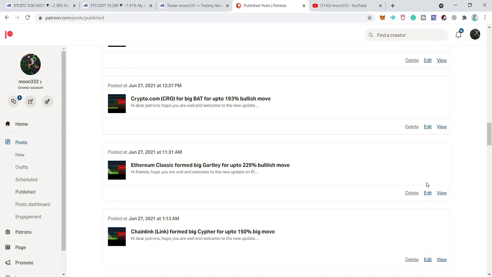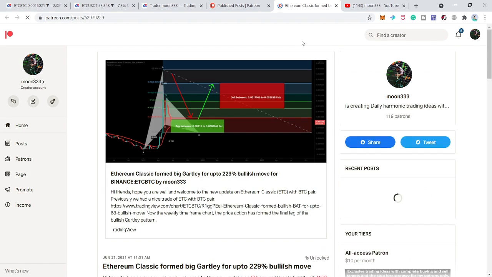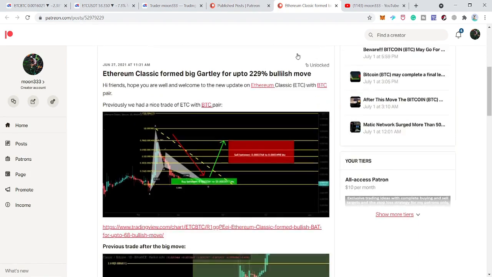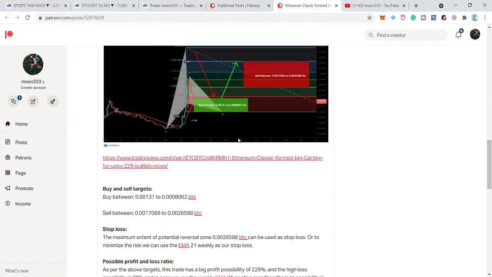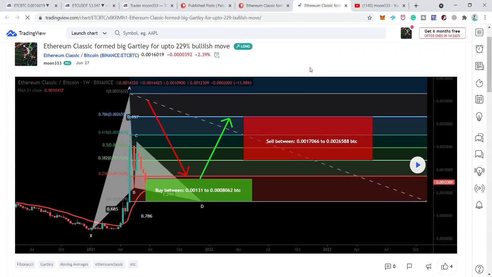Okay, this was the chart, and I'm just going to play the chart for you to show you how the chart behaved even in this bearish market as well. And you can see that this was the link for the chart that I shared currently, and this pattern was formed against the Bitcoin in the Bitcoin market.